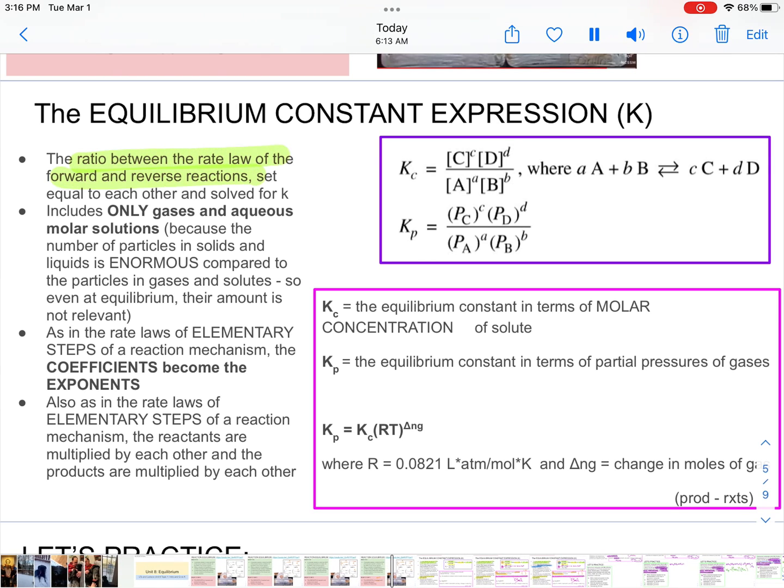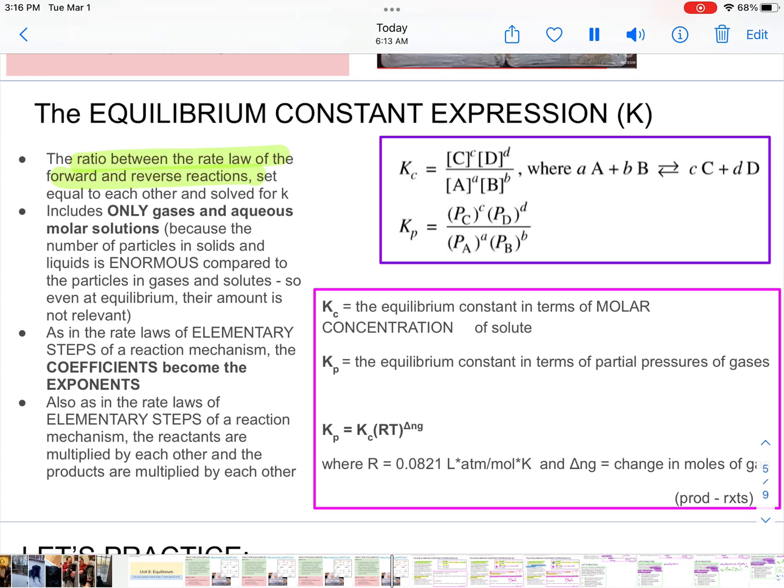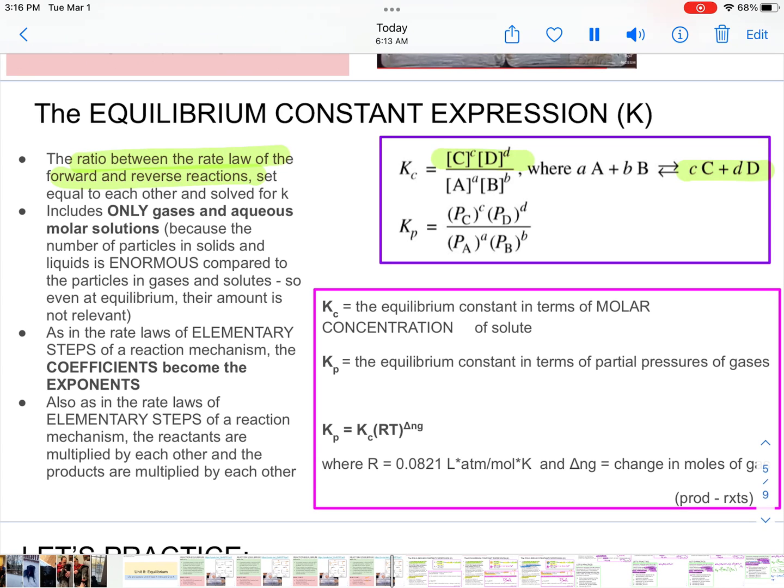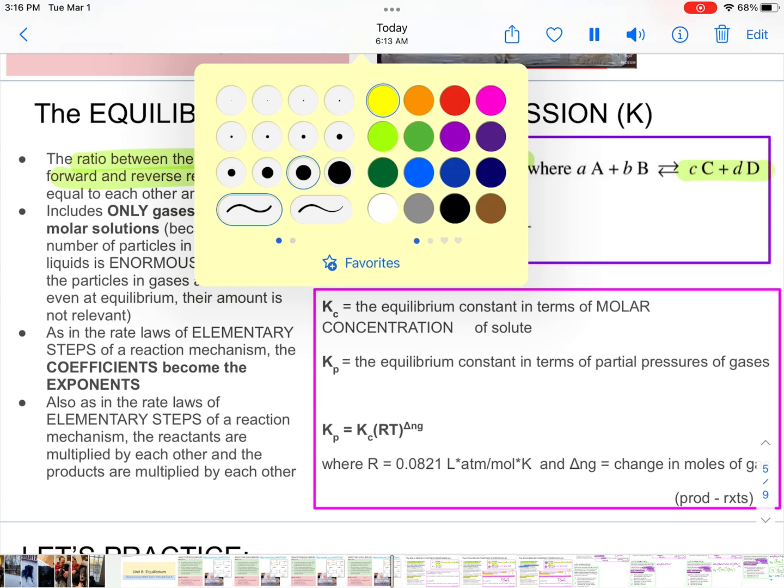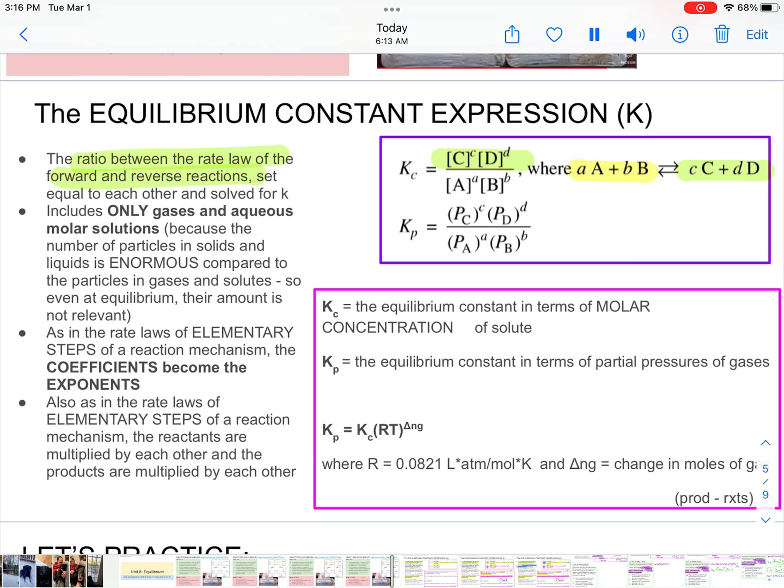They're set equal to each other and solved for K, and then you end up with this equilibrium constant. The rule is that you take your equation, and products end up in the numerator and reactants end up in the denominator.